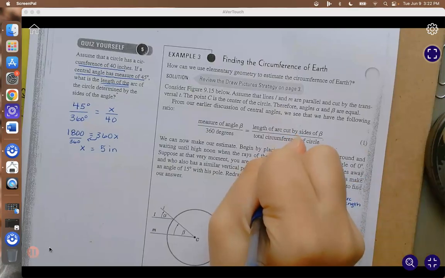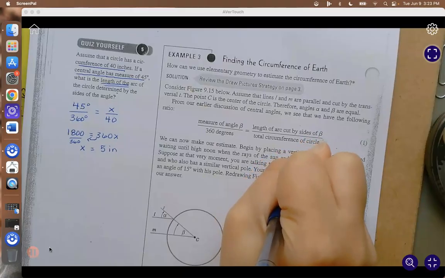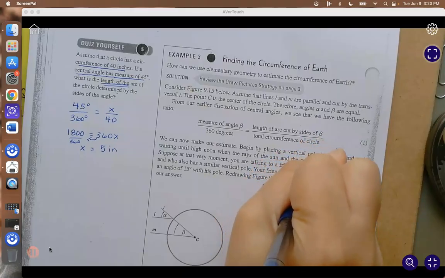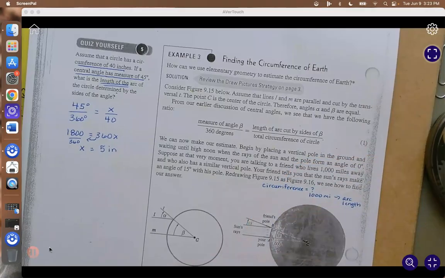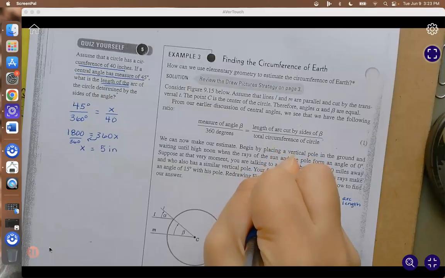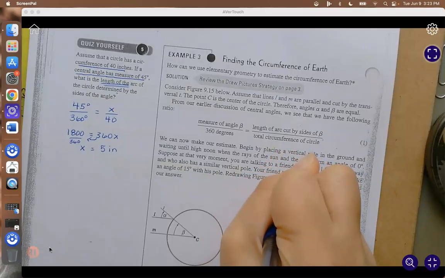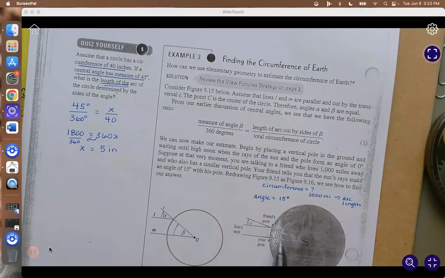They want us to find the circumference. Do we know our angle? Yes. Our angle is 15 degrees. See, it tells us here, 15 degrees.